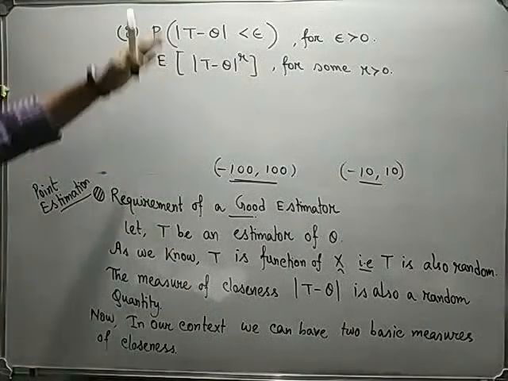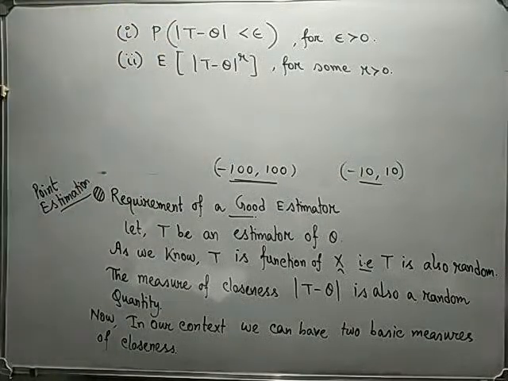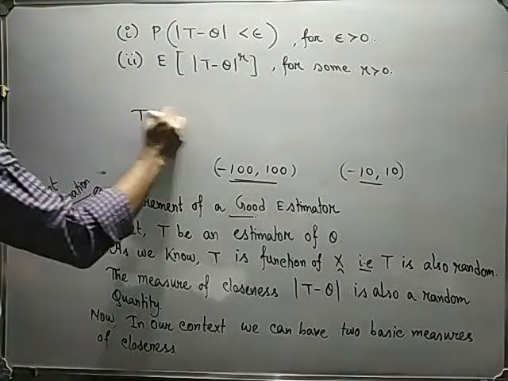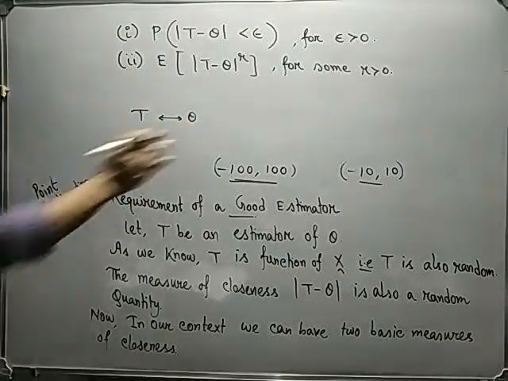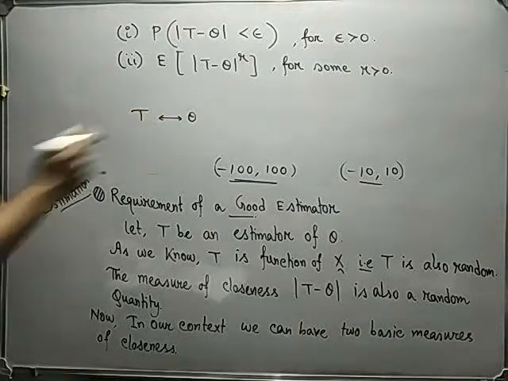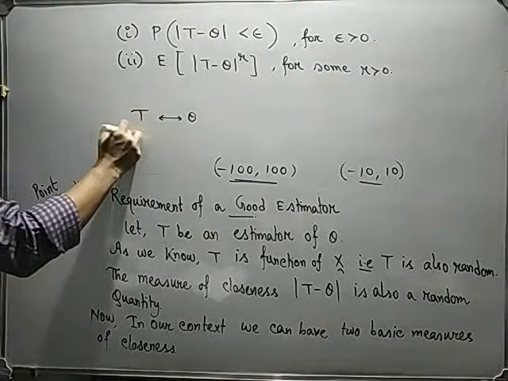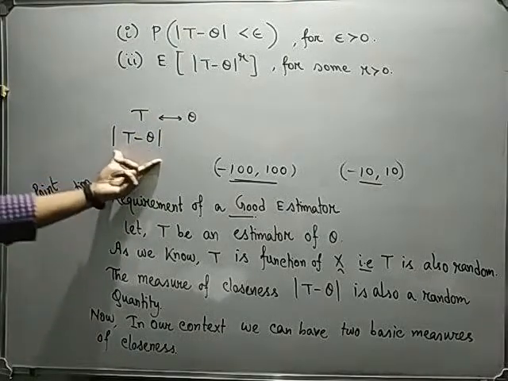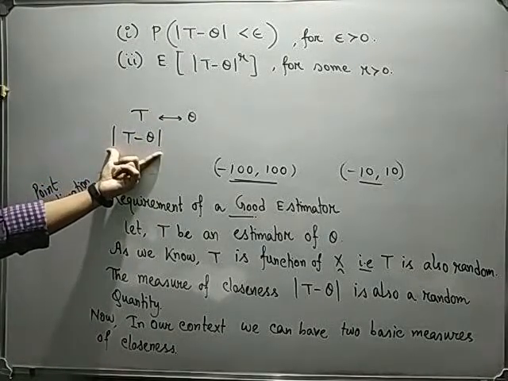Now why is it called a measure of closeness? If capital T is a good estimator for estimating the value of theta, then the distance between capital T and theta must be smaller. This distance, modulus of T minus theta, will be the lowest.